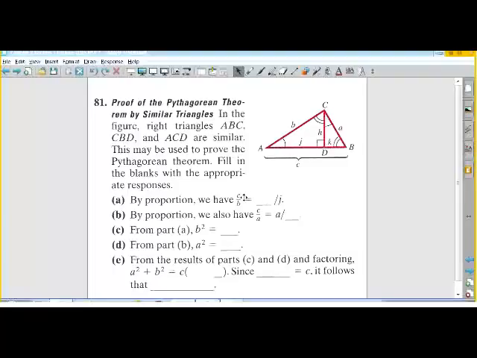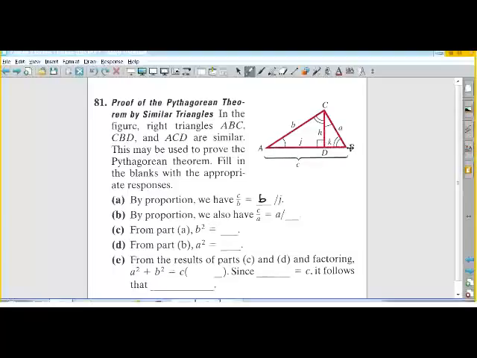This is the longer leg of this triangle. Therefore, for C, the hypotenuse of the big triangle, we have to use the hypotenuse of this intermediate triangle, which is going to be B. So we're saying this length to this length is the same as this length is to that length.